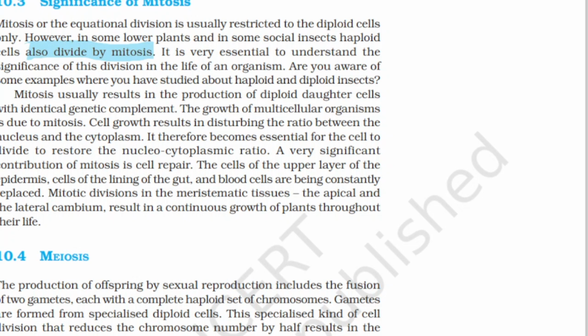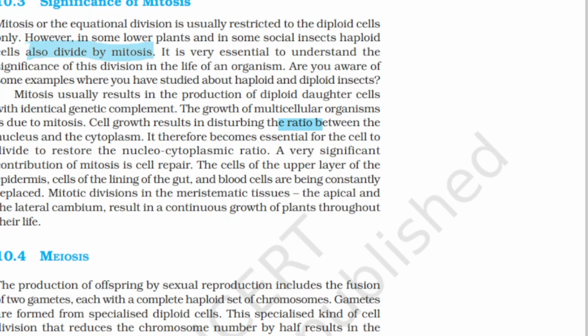What is cell growth? Cell growth means doubling, from one cell to two cells, and cytoplasmic increase is also called cell growth. So it becomes essential for the cell to divide and restore the exact nucleo-cytoplasmic ratio after the division also.